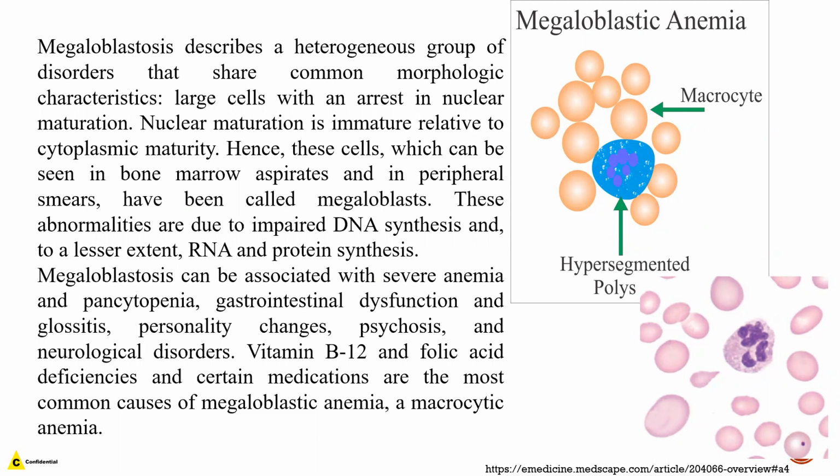These abnormalities are due to impaired DNA synthesis and, to a lesser extent, RNA and protein synthesis. Megaloblastosis can be associated with severe anemia and pancytopenia, gastrointestinal dysfunction, myositis, personality changes, psychosis, and neurological disorders. Vitamin B12 and folic acid deficiency and certain medications are the most common causes of megaloblastic anemia and macrocytic anemia.